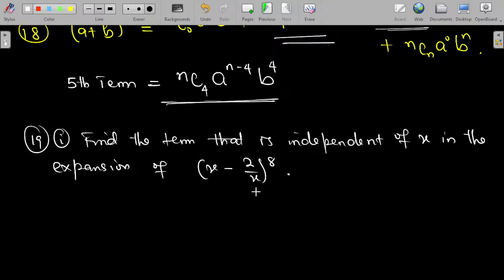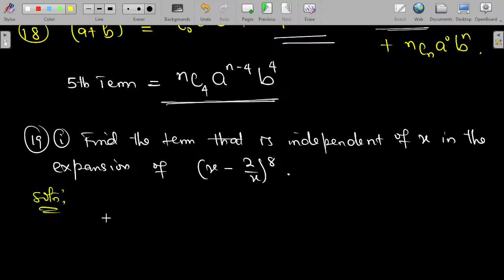So this is what they're asking us to do: to find a term that will not contain x if you expand this. It's a very beautiful question, and of course you pay attention and we can go through it.